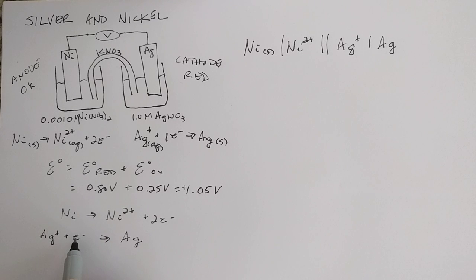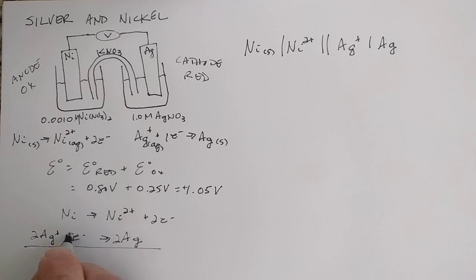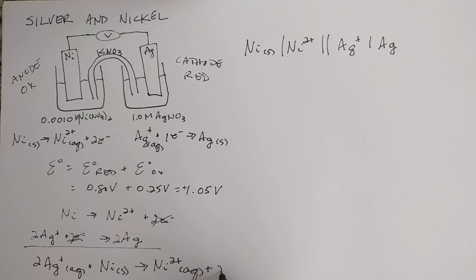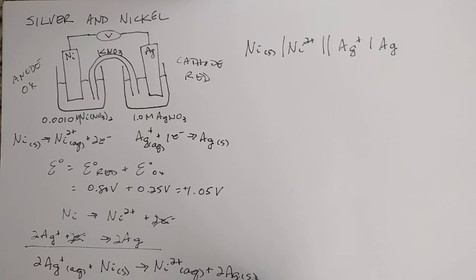We need to have balanced electrons, so we have to multiply everything by 2. And then our electrons cancel out, and we end up with 2Ag+ aqueous plus Ni solid yields Ni2+ aqueous plus 2Ag solid.